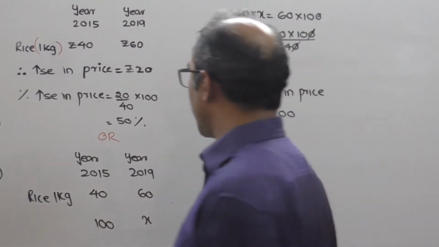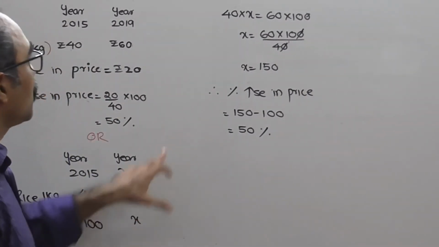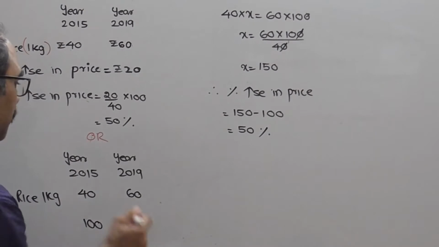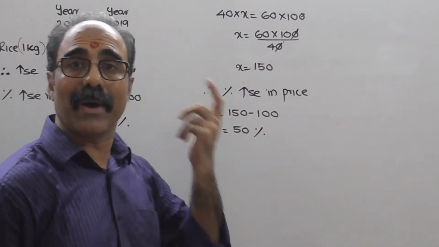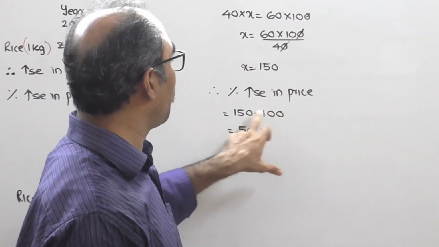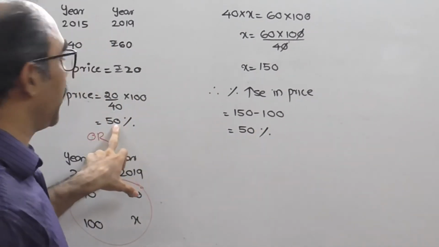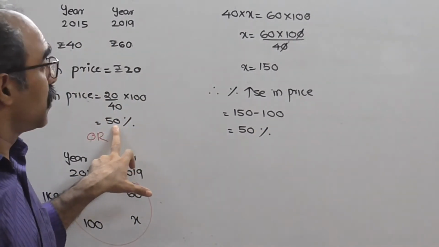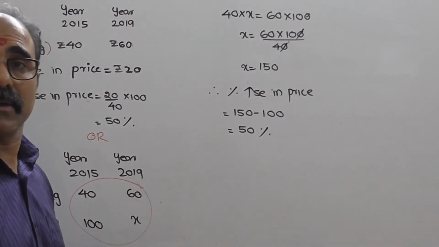So what I can do is I can just cross multiply, that is 40 into x equal to 60 into 100. So I get the value of x as equal to 150. What is the percentage increase in price? 150 minus 100, that is equal to 50%. So here also you get 50%, here also you get 50%. So this is a way to calculate the percentage increase in price. Got it?